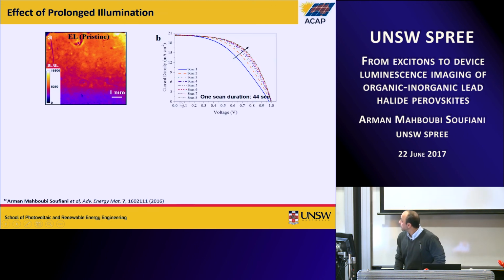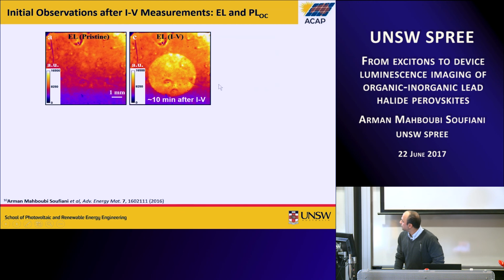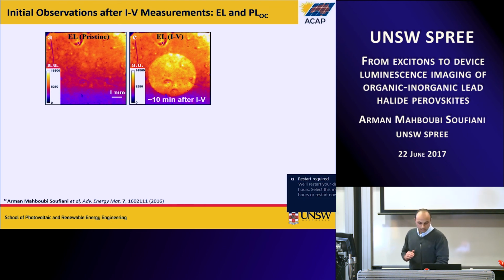Then I perform several IV scans. Each scan takes around 45 seconds. Right immediately after doing the IV scan, I realized that there is a fingerprint of the circular aperture of the mask left on the EL image of the device.